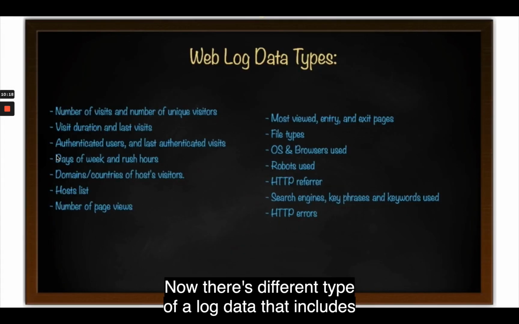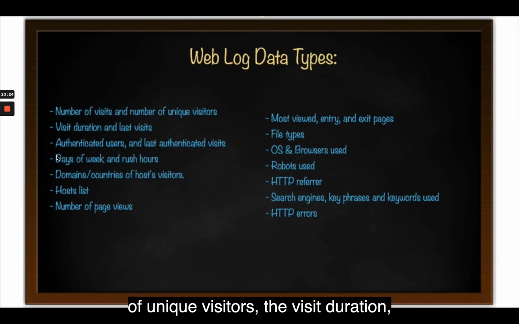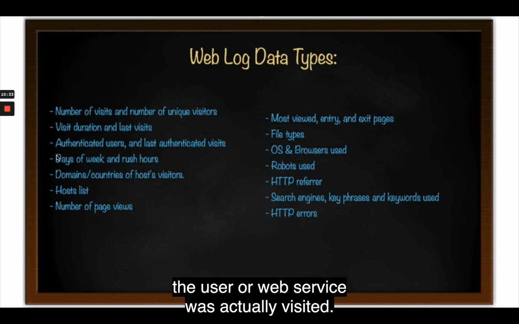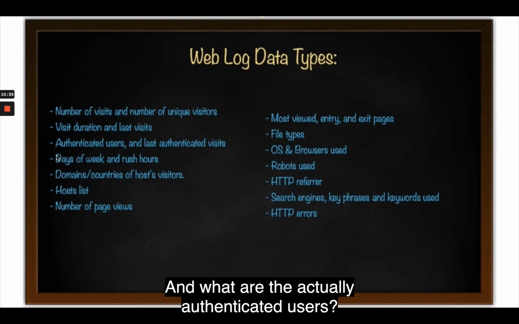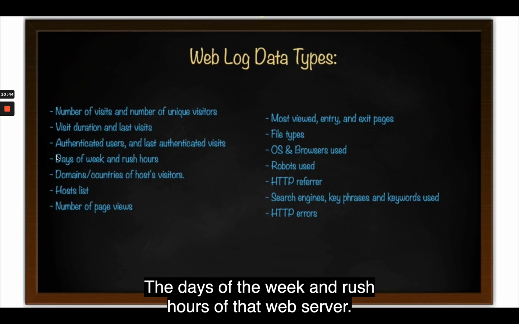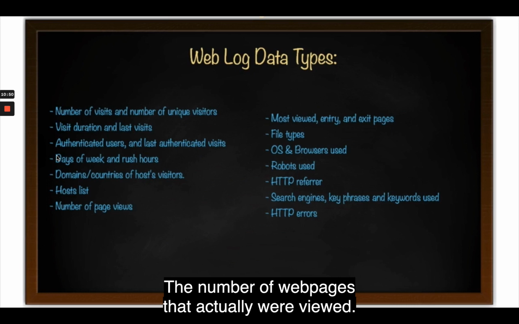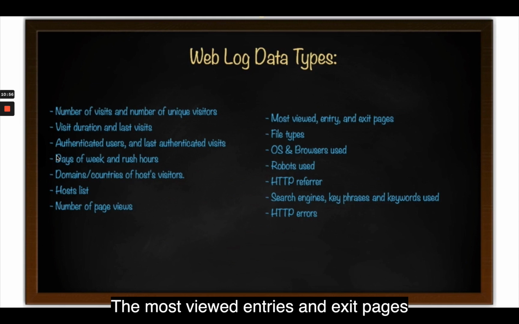There are different types of log data, including the number of visits and number of unique visitors, the visit duration, and when the web service was last visited, and who the authenticated users are and when they were last authenticated to the system, the days of the week and rush hours of that web server, the number of web pages viewed, the most viewed entry and exit pages, and also file types within the web server, right?